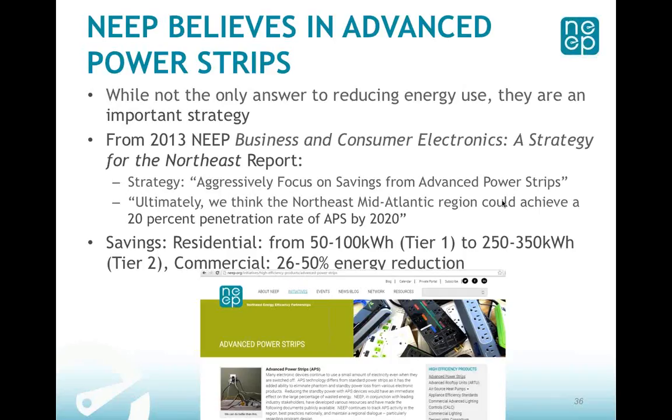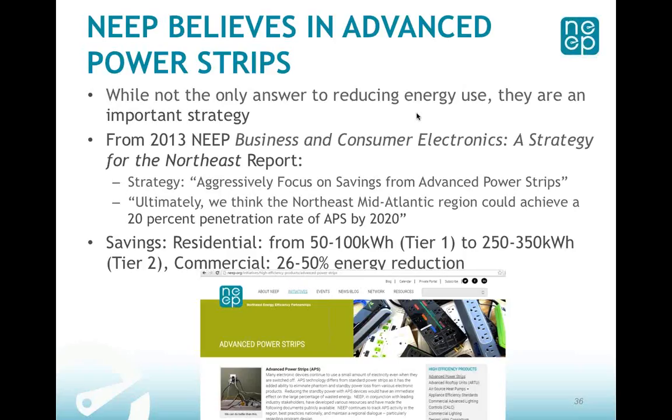We put together a comprehensive business and consumer electronics report in 2013, and one of our strategies was to aggressively focus on savings from advanced power strips. We put a goal out there that in the Northeast and Mid-Atlantic region, they could achieve a 20% penetration rate of APS by 2020, and we've been working on that goal through several different initiatives.